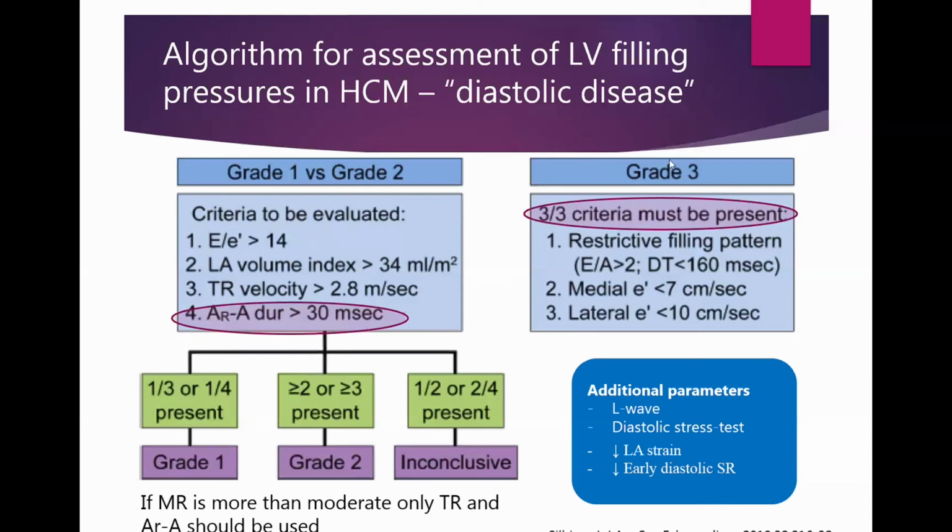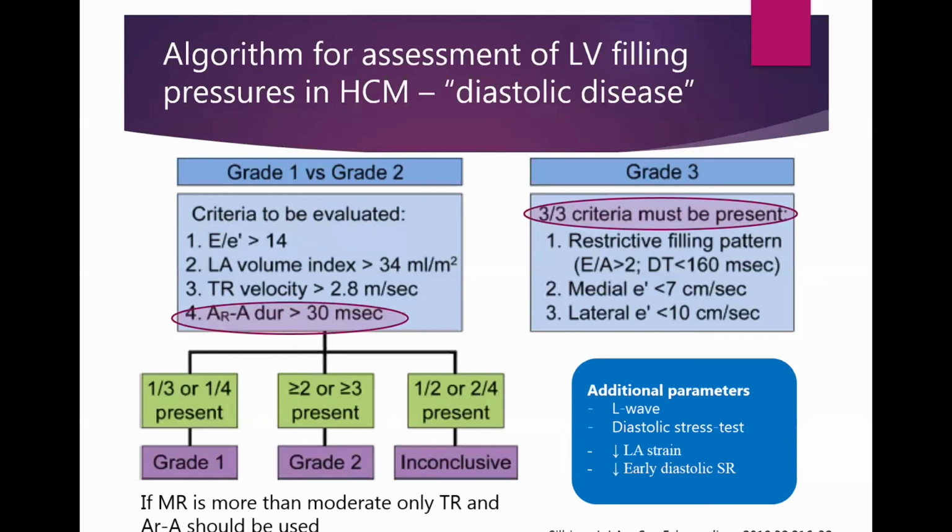From 4 conventional parameters to grade diastolic dysfunction, the most reliable parameter for identifying higher filling pressures is the difference between duration of AR on the pulmonary venous spectrogram and the A mitral wave.